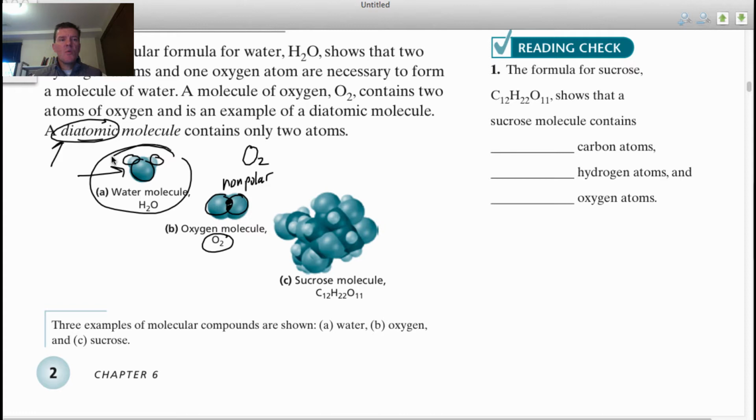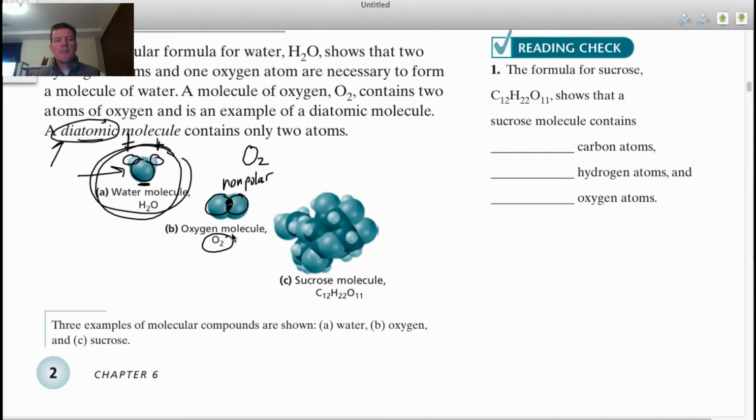covalent. Whereas water up here, hydrogen and oxygen, those are both nonmetals, and they are sharing these electrons unequally. They're sharing them, but they're pulled a little bit more towards the oxygen than they are towards the hydrogen. So in this case, the oxygen side is going to have kind of a partial negative charge to it. The hydrogen side is going to have a little partial positive.